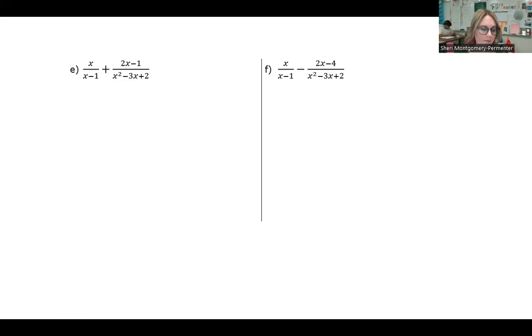So take a moment and factor the denominator of the first one. This is fast factoring.